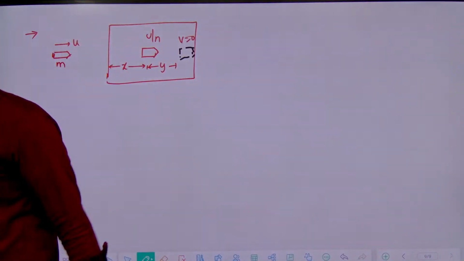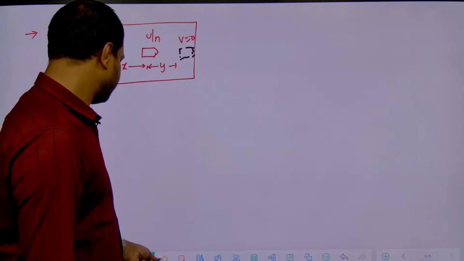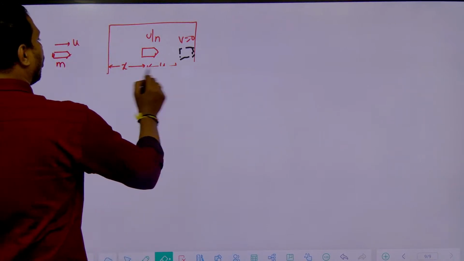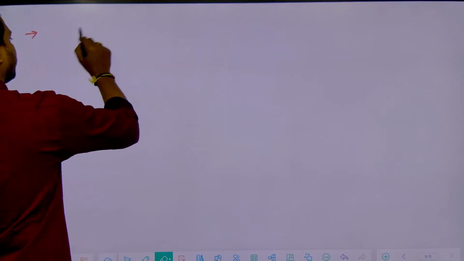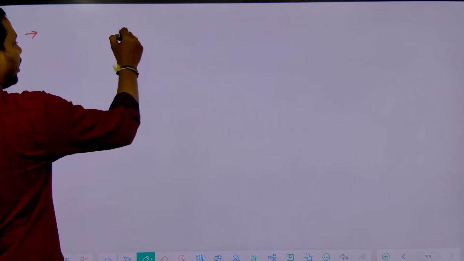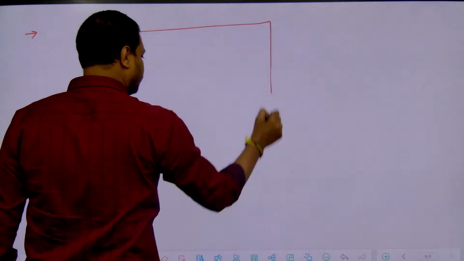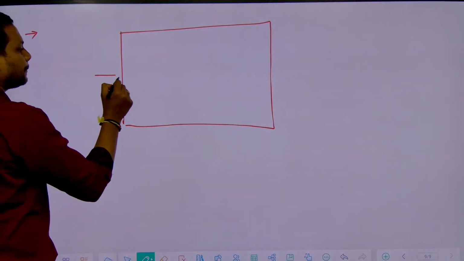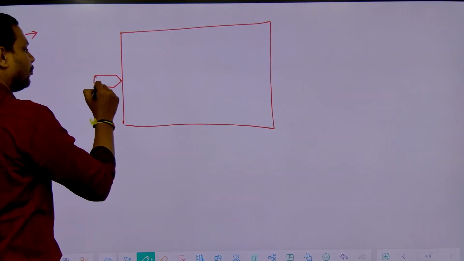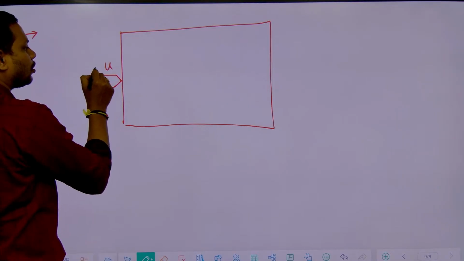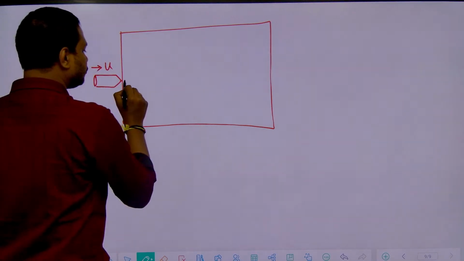A bullet hits the wooden block with velocity u.